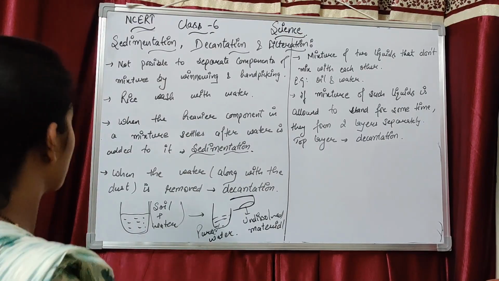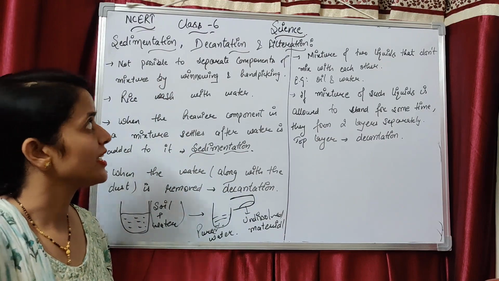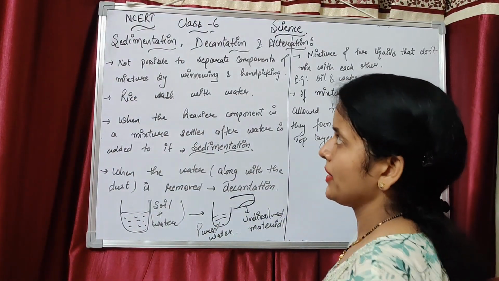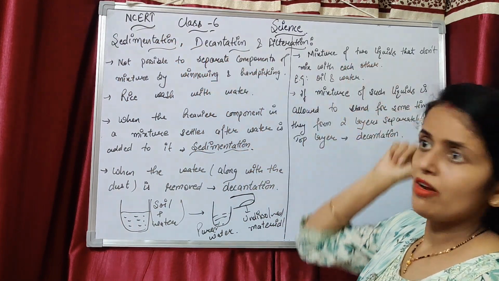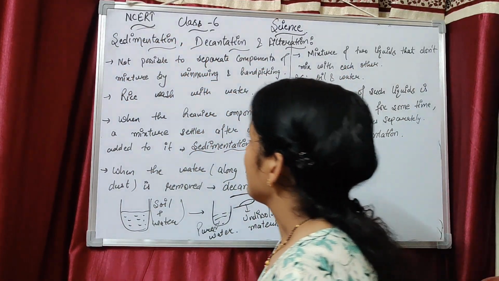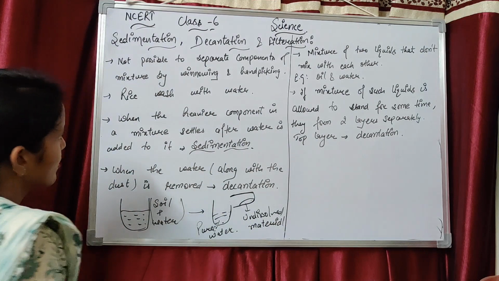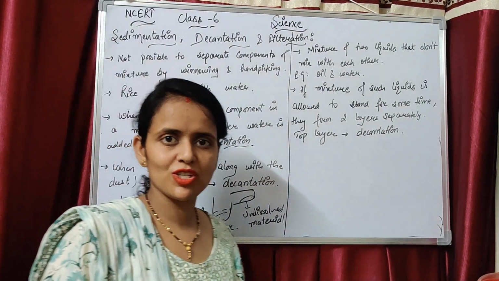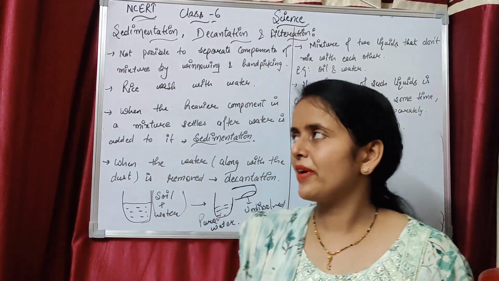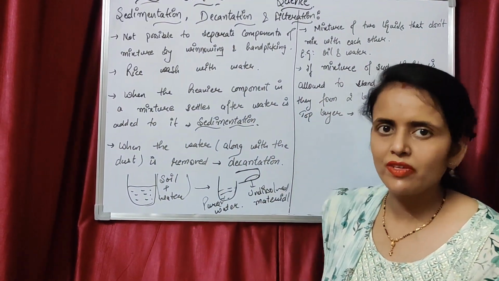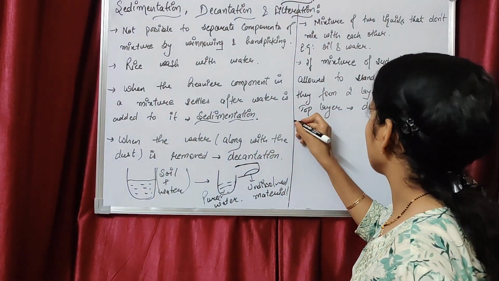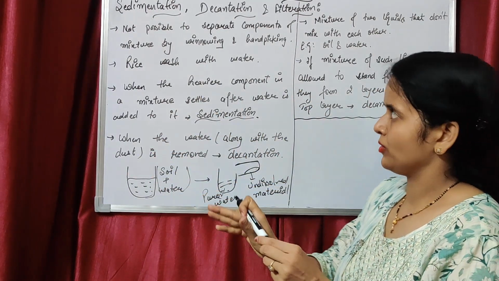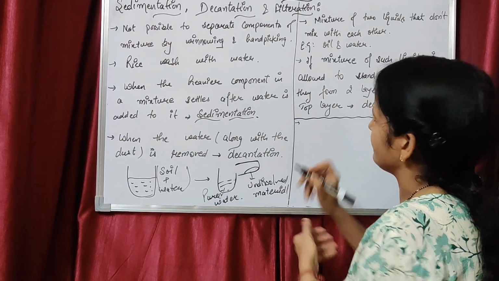So our next topic is sedimentation, decantation and filtration. These are also three main topics of this chapter. Sometimes there are mixtures whose components are not possible to separate by winnowing and hand picking, or by the methods of separation which we have already studied in the last video and before this topic.